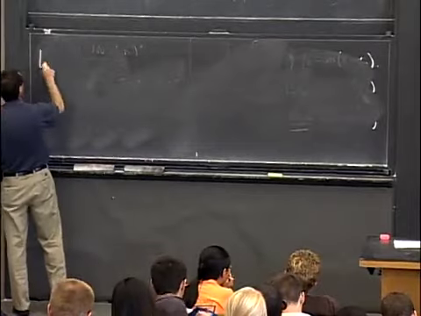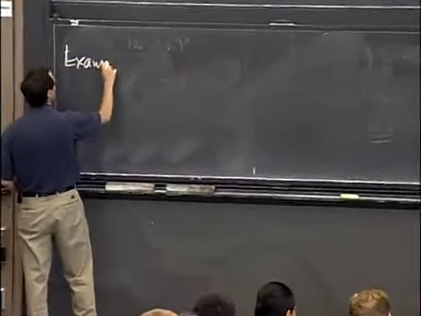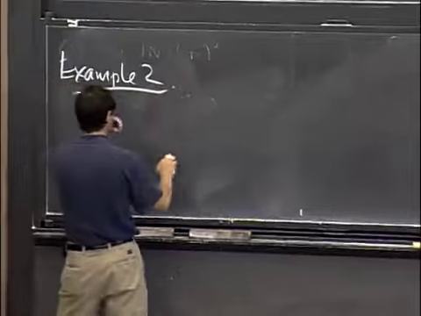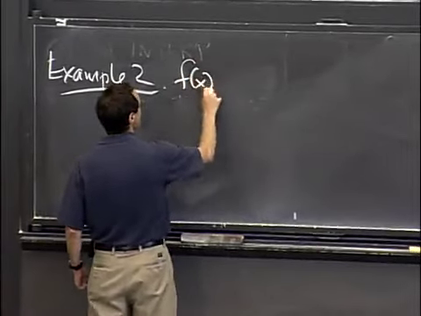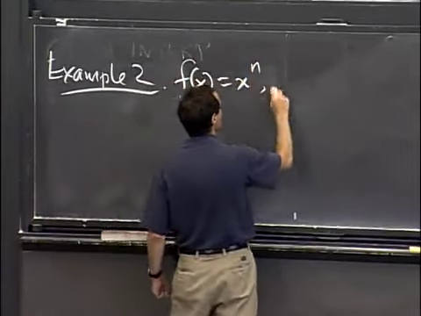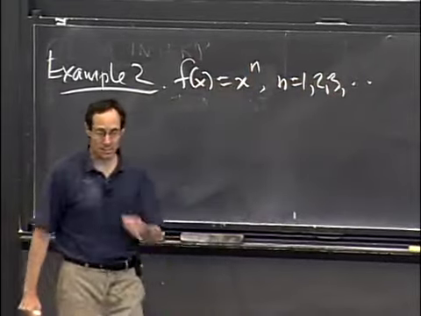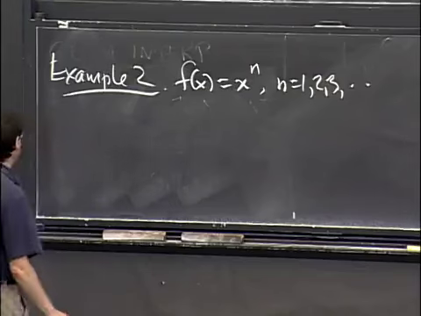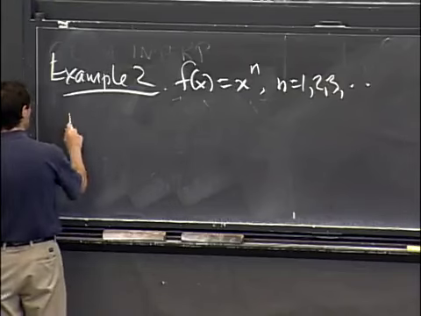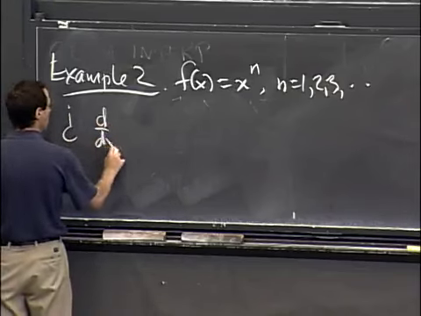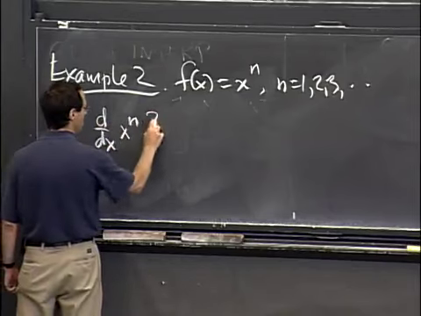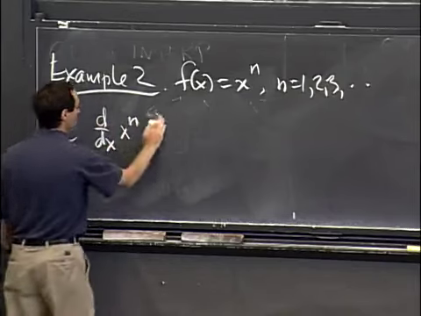So example 2 is going to be the function f of x is x to the n, n equals 1, 2, 3, one of these guys. And now what we're trying to figure out is the derivative with respect to x of x to the n, in our new notation, what this is equal to.